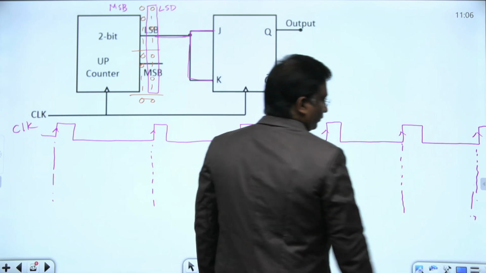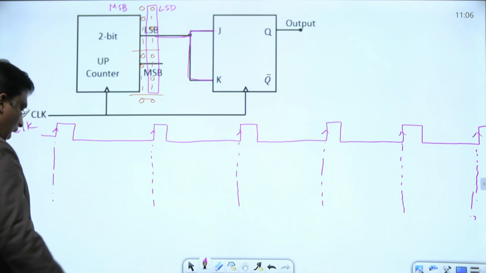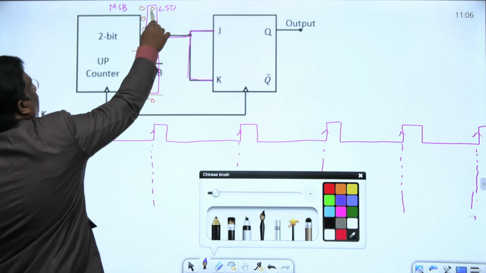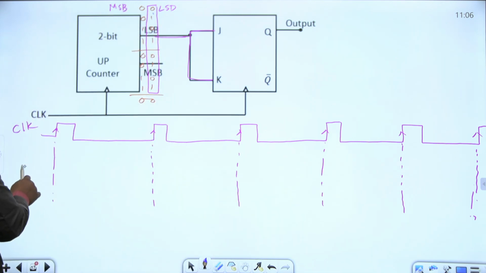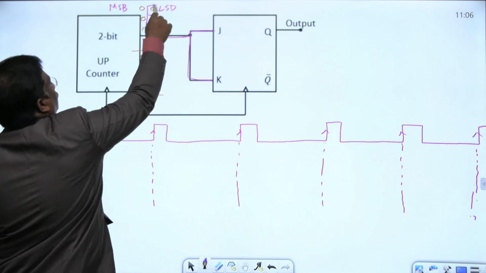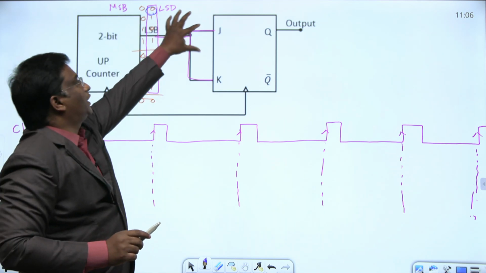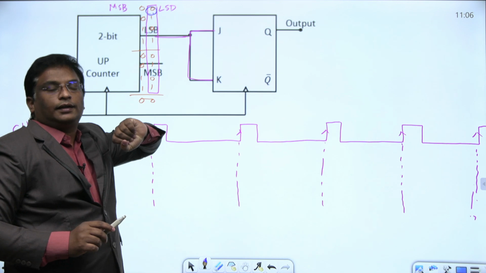Everyone notice here, clock given like this. Right now here, let us see the output. Here, let us assume the initial state as 0. Initially, let us assume this as 0. And we know when 0 is given to JK, it's the previous state.